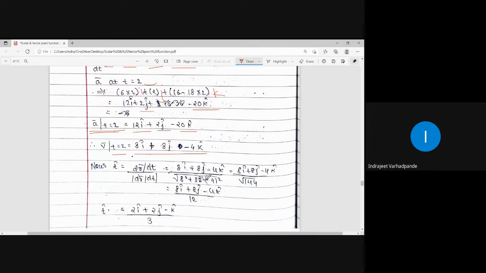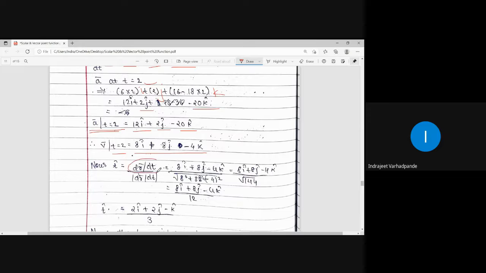Now what is t cap? t cap is nothing but dr bar by dt upon magnitude of dr bar by dt. But dr bar by dt is nothing but v. So whatever velocity we have calculated at t is equal to 2, vector upon its magnitude. The vector is 8i plus 8j minus 4k upon under root of 8 square plus 8 square plus minus 4 square.